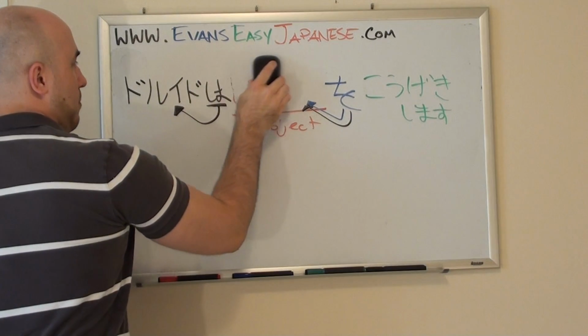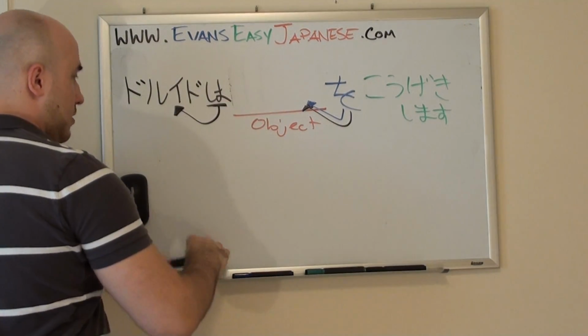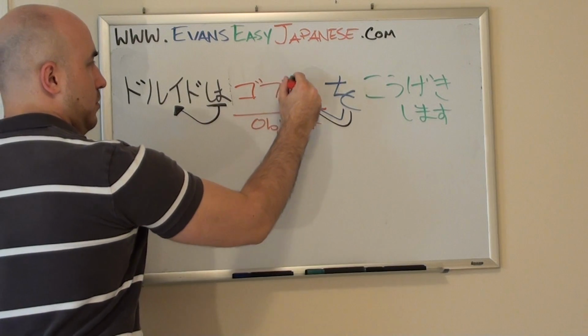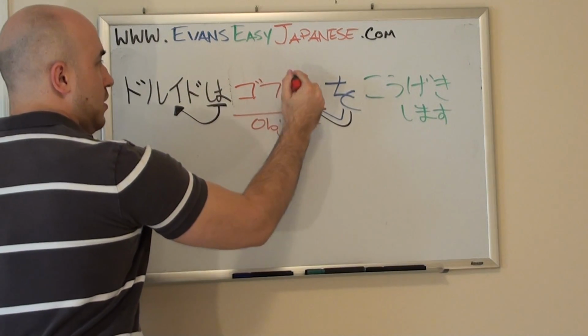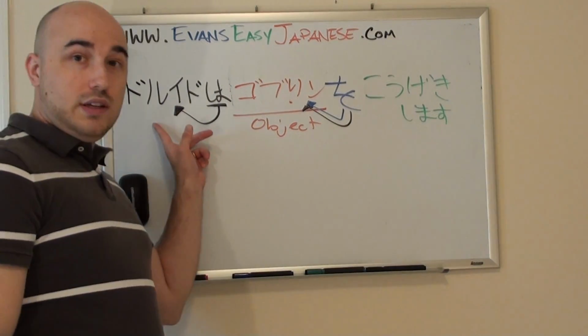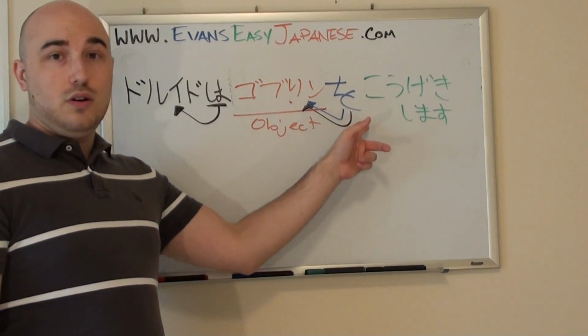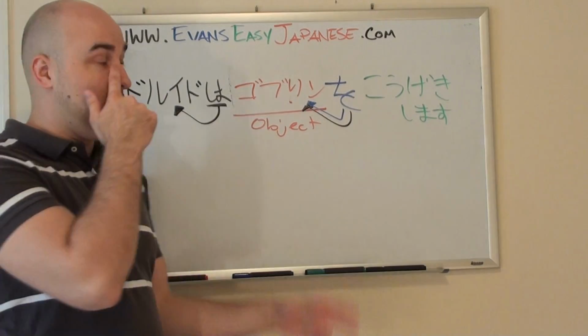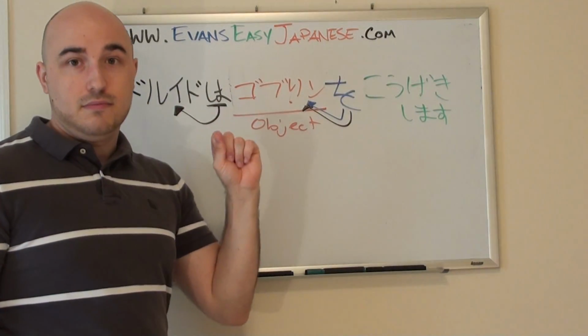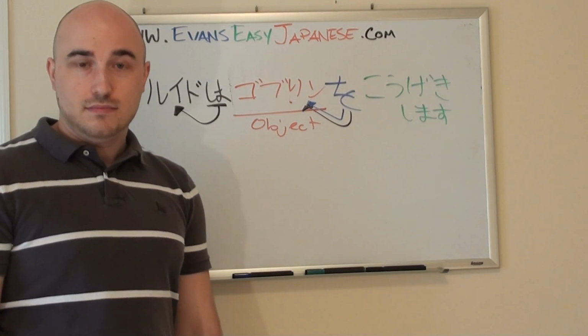Let's replace breakfast with goblin. Goburin. Goblin. Doruido wa goburin o kougeki shimasu. The druid attacks the goblin. Okay?